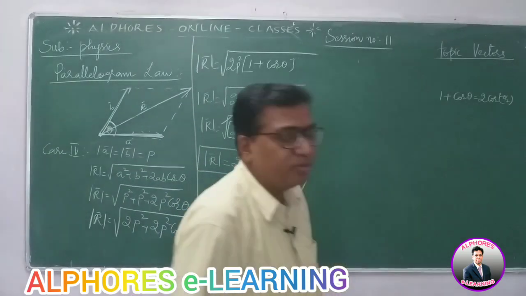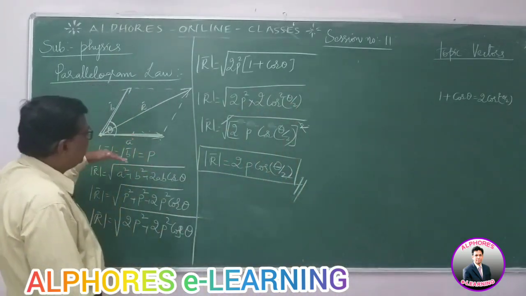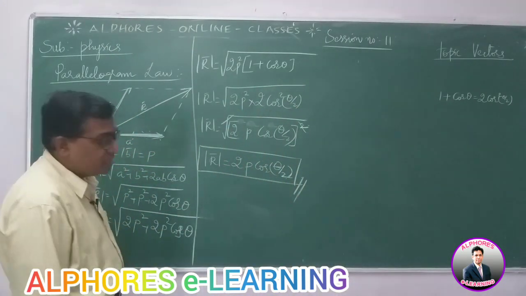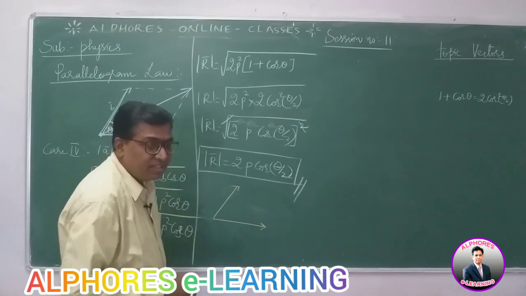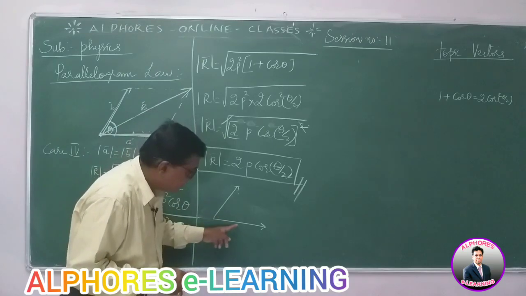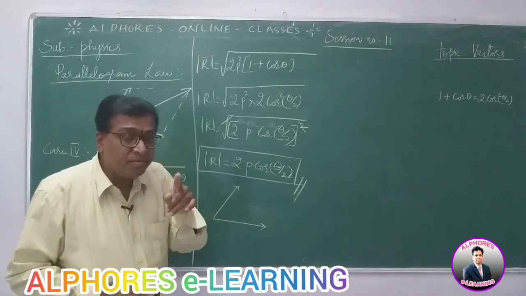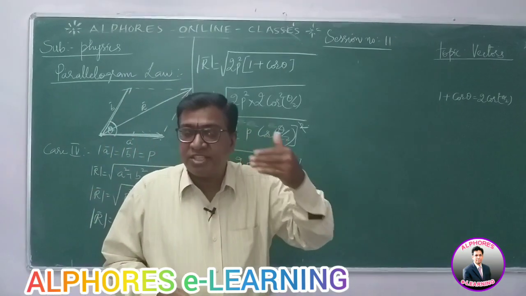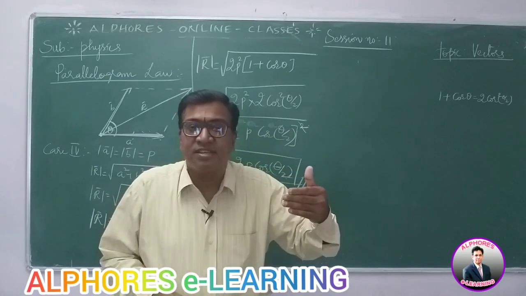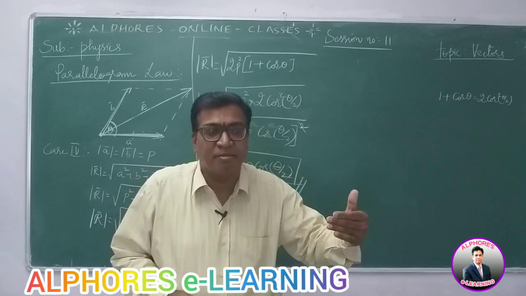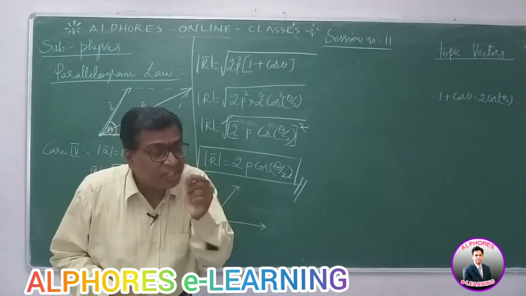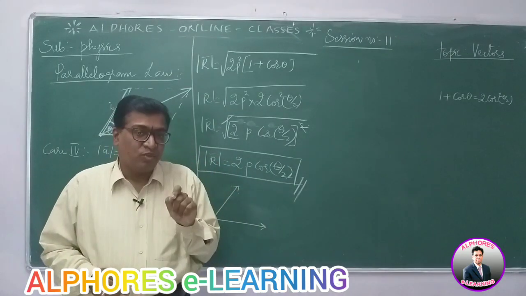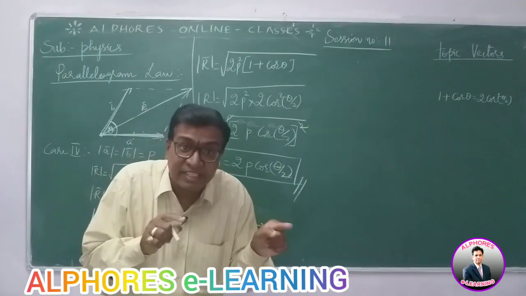Now I was telling you, when I take two vectors of same magnitude and represent them as two sides of a parallelogram, the sides are equal. According to the definition, similar vectors are represented as two adjacent sides of a parallelogram in magnitude and direction. So according to the magnitude, I have to take the length of the segment.